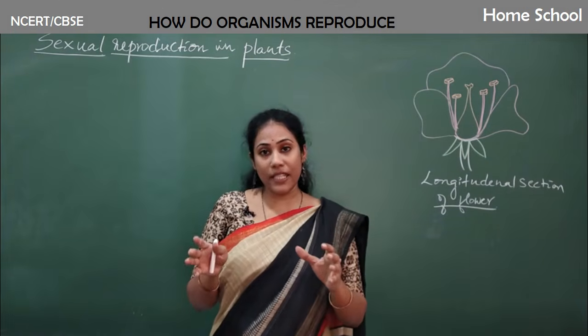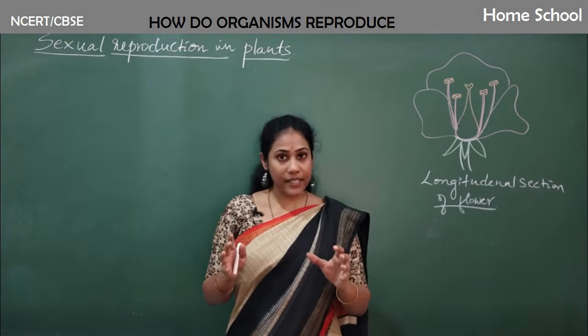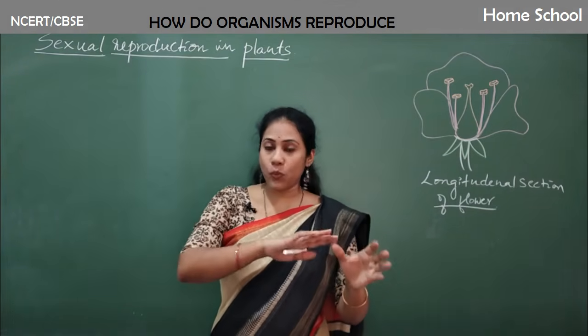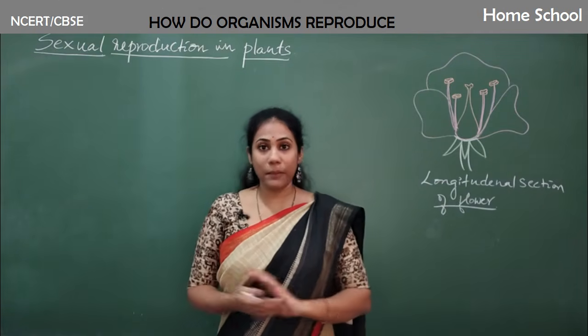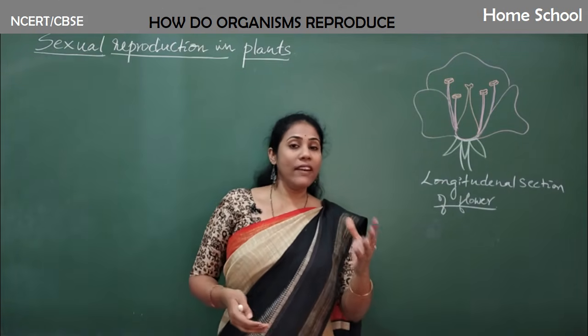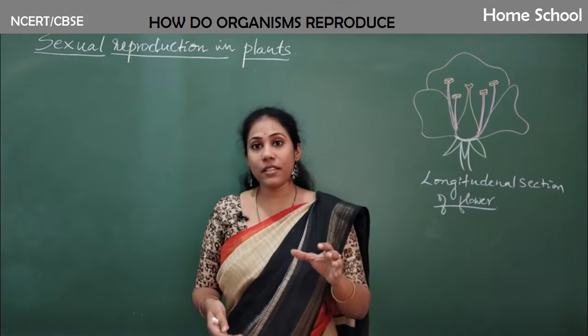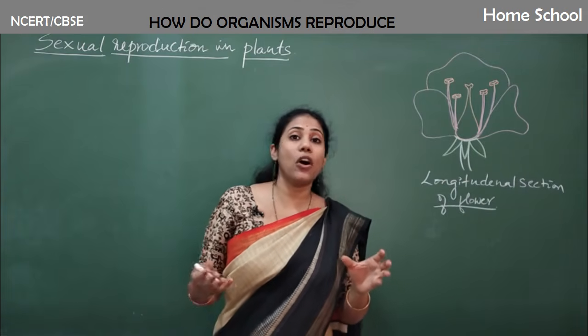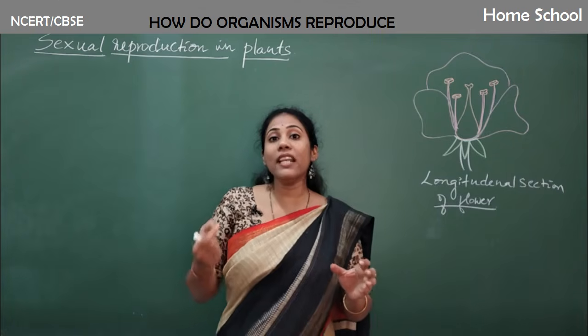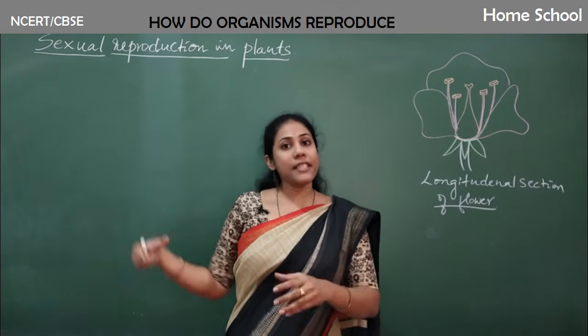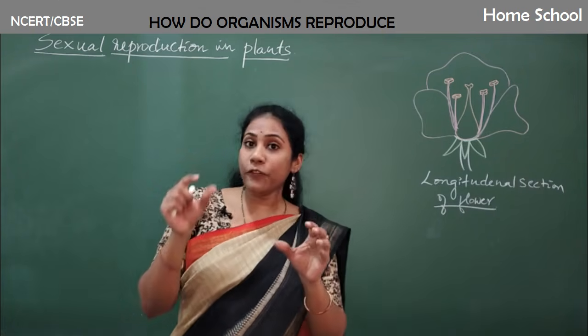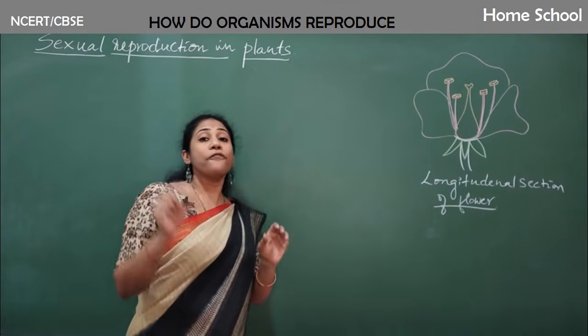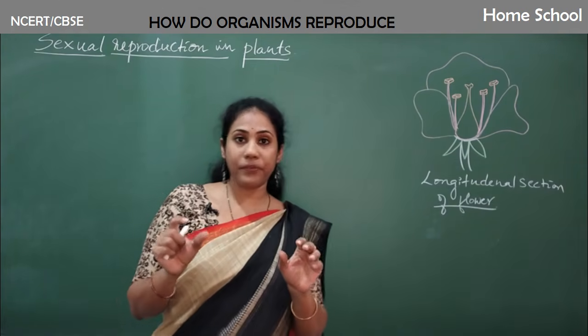Two individuals are necessary. That is one male and the other one is female. Right? And the male always produces very specialized cells called germ cells, male germ cells. In a similar way, the female individual also produces female germ cells, isn't it?